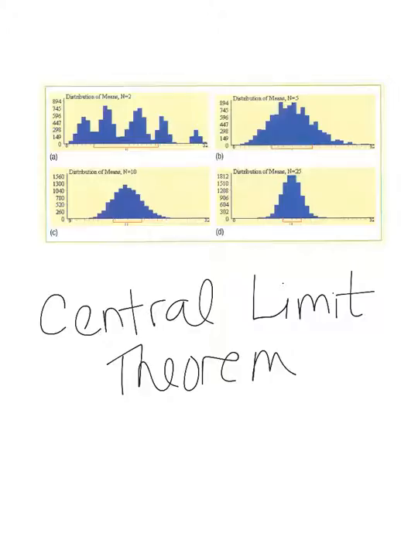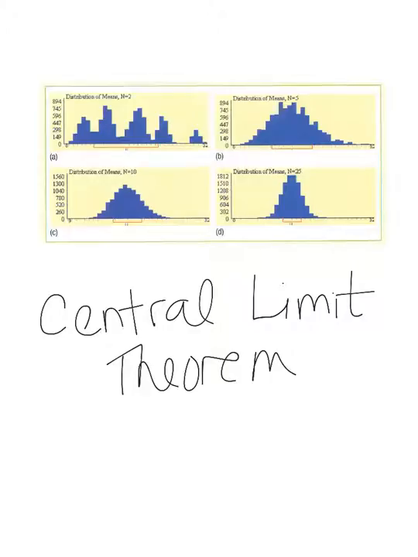Taking an SRS from any population with a mean and a finite standard deviation, the CLT states that if my sample is large enough, then my sampling distribution of the sample mean is approximately normal.